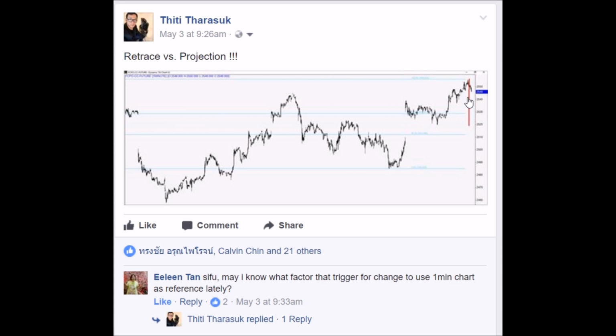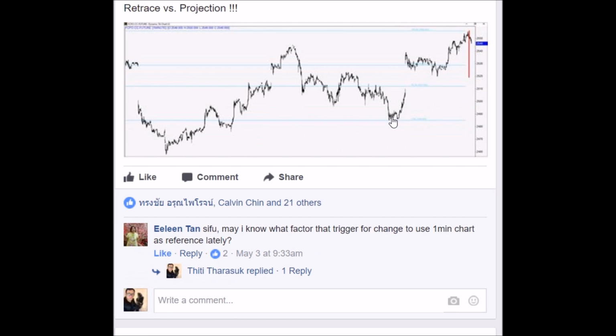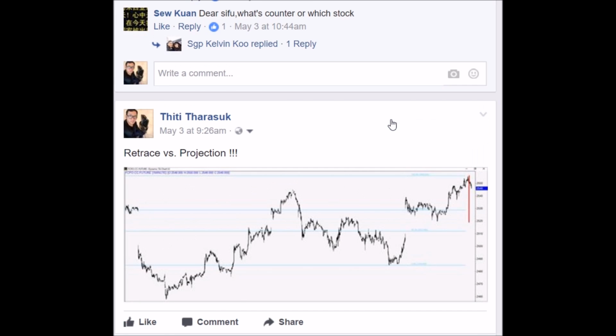In this case, to estimate the market, we call this the deductive method. Deductive method means you estimate or set up your scenario. If price retraces here, maybe we look for a buy. This low looks very close to this low. For example, I use Facebook to do that.